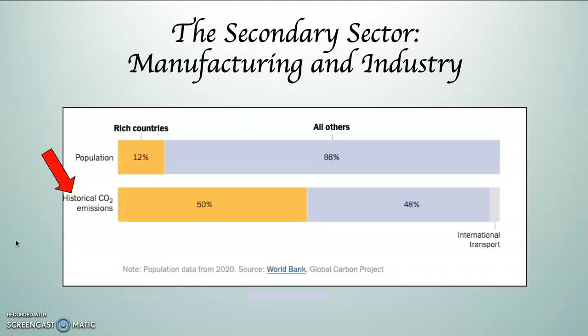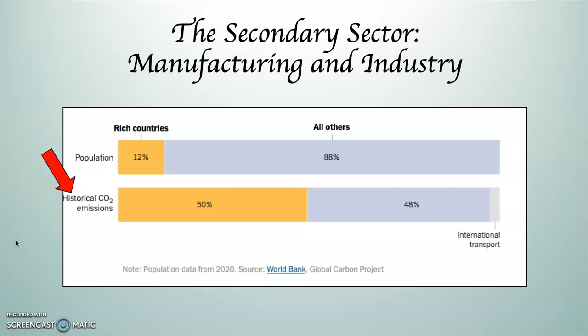Now look at this. Okay, so first at the top, it's the same kind of color scheme here. That orangish yellowish color at the top represents developed countries, and then the bluish represents developing countries. So population, the developing countries account for about 88% of the population, whereas the developed countries account for about 12%.